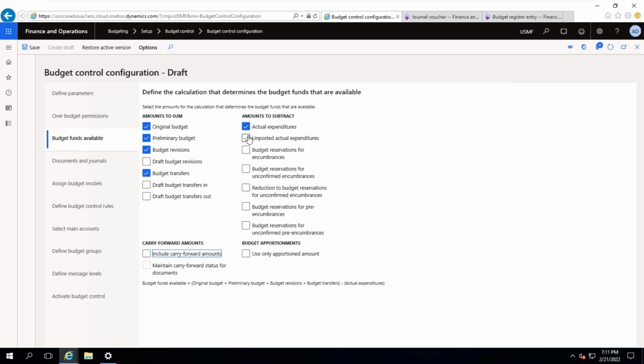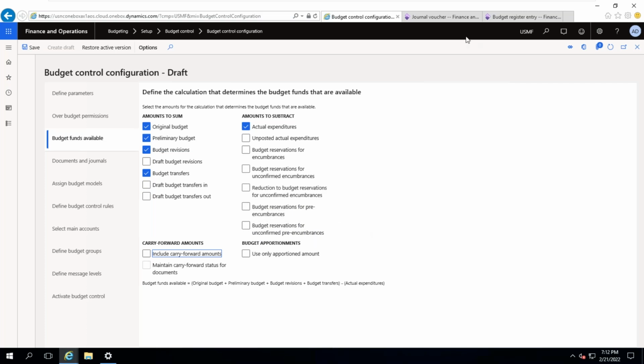Except for actual expenditure, there are 5 check boxes: unposted actual expenditure, budget revision for encumbrances, budget revision for unconfirmed encumbrances, reduction to budget reservation for unconfirmed encumbrances, budget revision for pre-encumbrances, budget revision for unconfirmed pre-encumbrances.